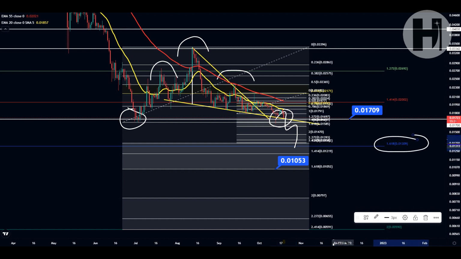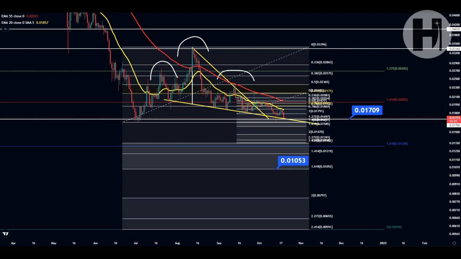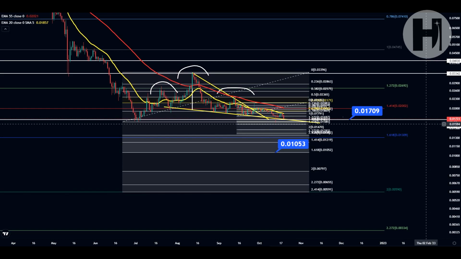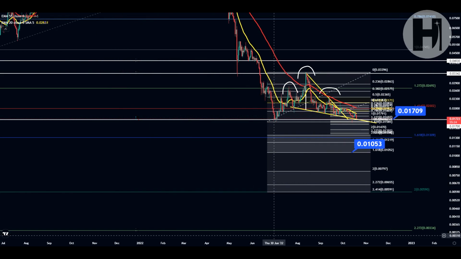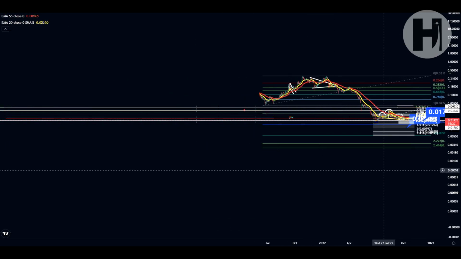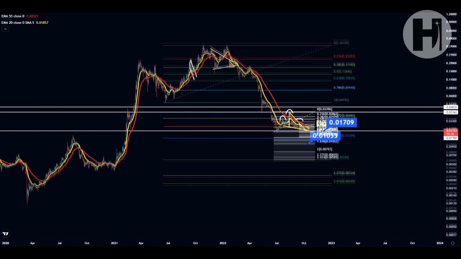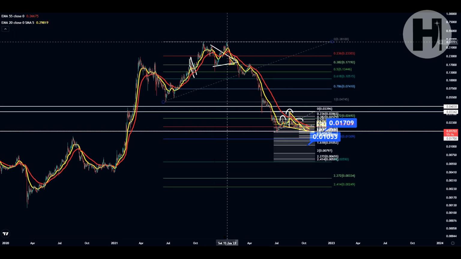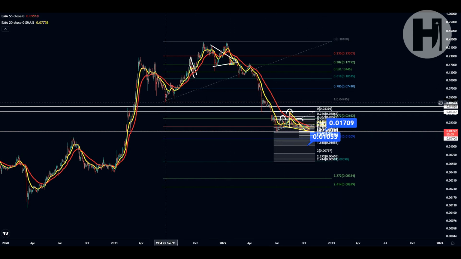which is a different 1.618 target if you've noticed, because this one is off of the larger fib that we have at play. So if I start zooming out here, you can see that we do have a Fibonacci retracement here that's set up with the swing high in January and the swing low all the way back in June of last year. And we're way past the low in June, right?